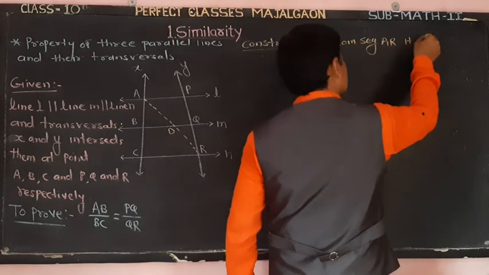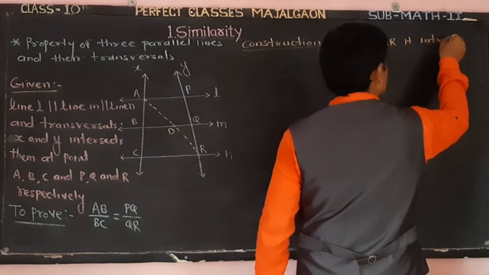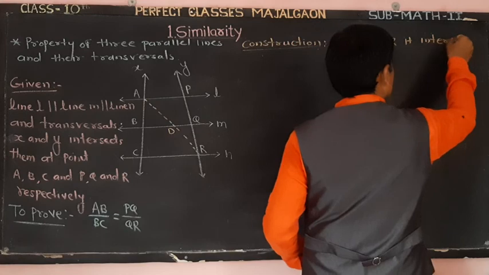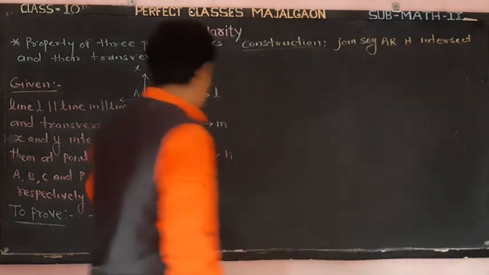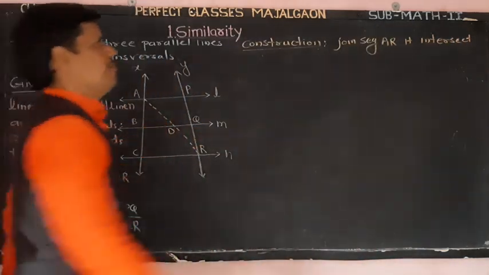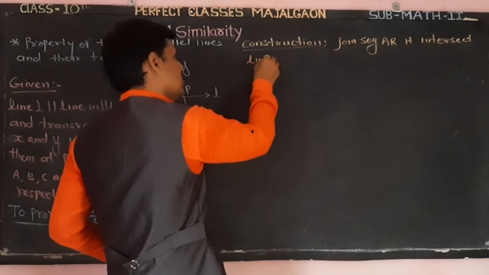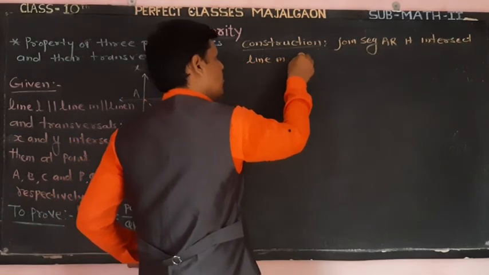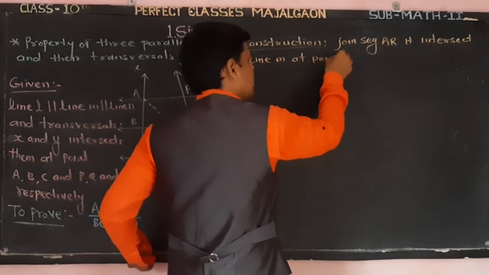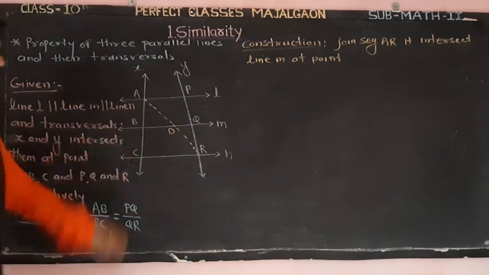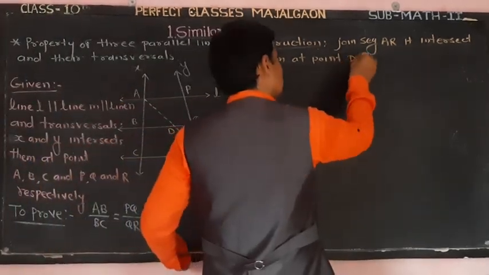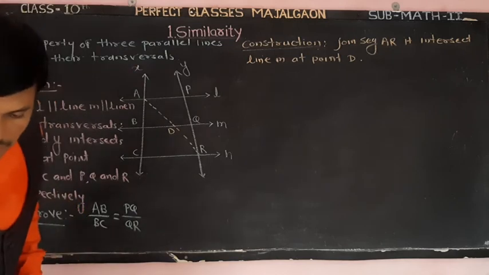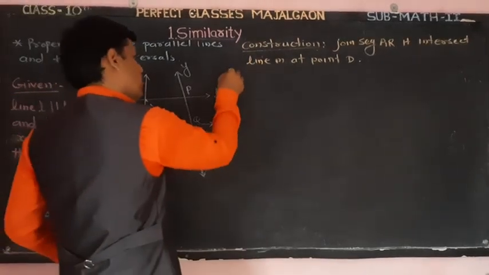It intersects line M at point D. Therefore, the last part is the proof.